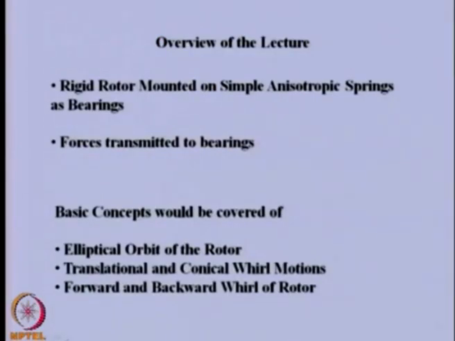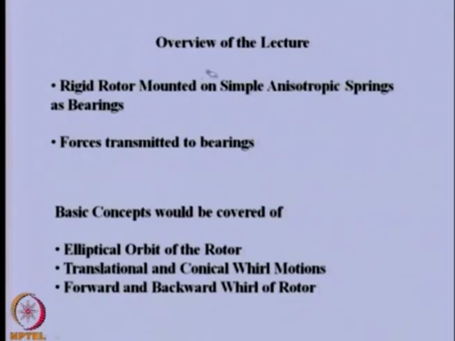So, we will be considering the rotor as rigid, and we will be mounting that rotor on simple anisotropic springs as bearings. The anisotropy in this particular case means that in 2 orthogonal directions the stiffness property will be different.